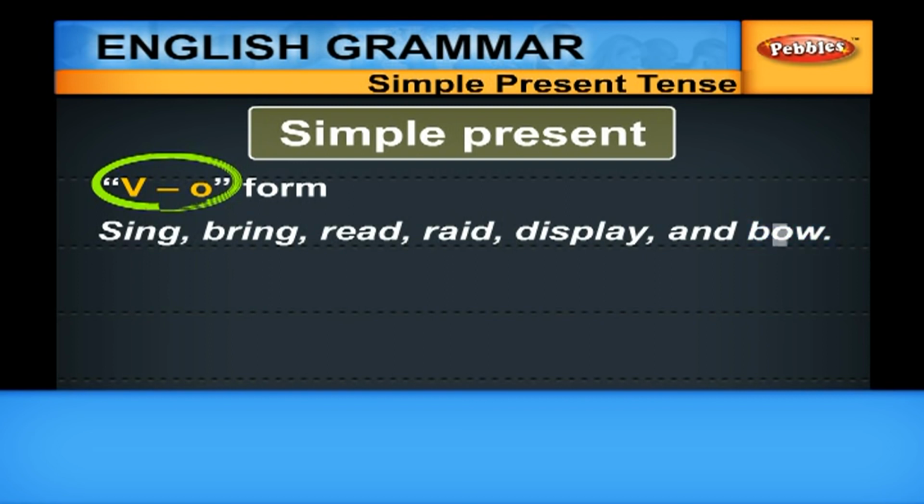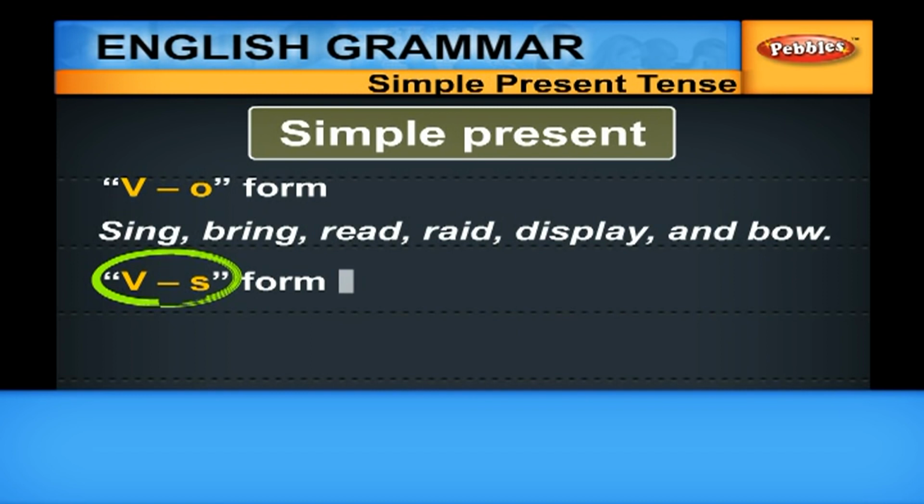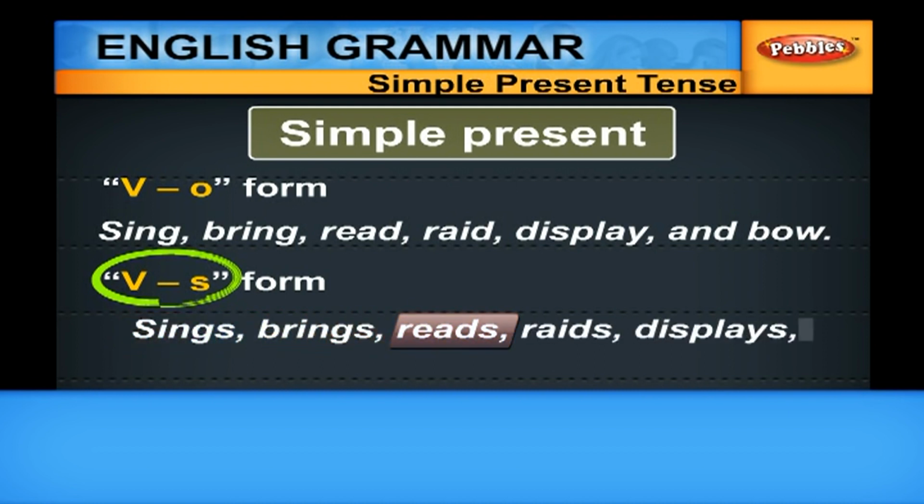Then you have to use VS form also, where you add S to the root verb: sings, brings, reads, raids, displays, bows. Where are we going to use base form? And where are we going to use a VS form?